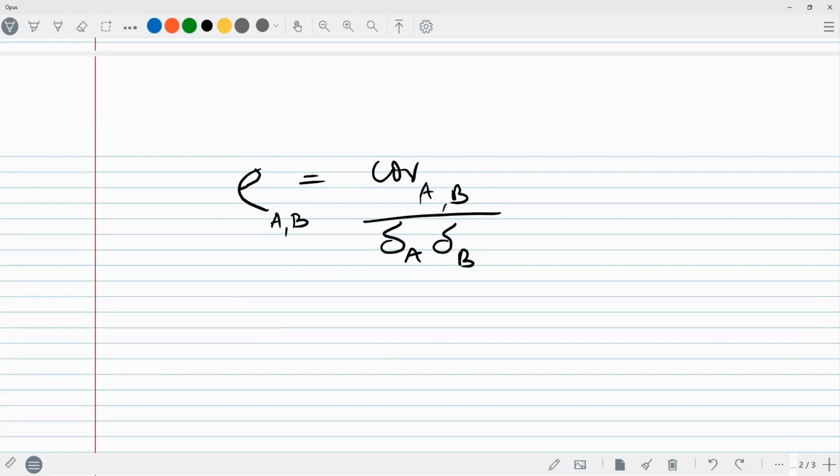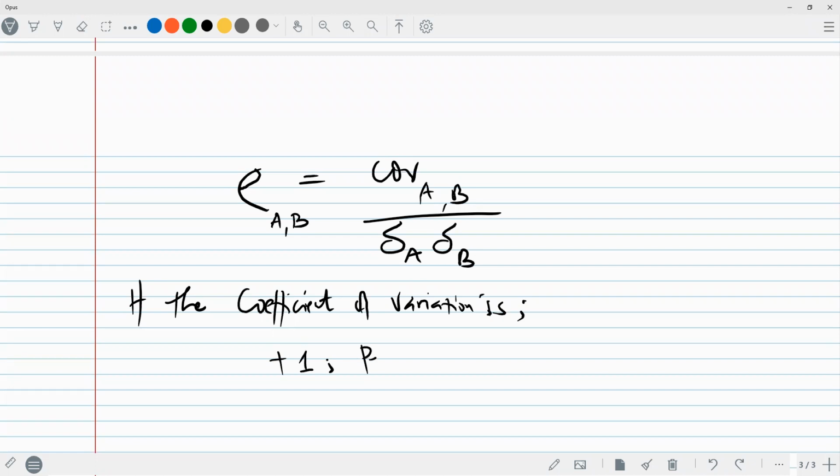Now, if we get a positive 1, this is what is referred to as perfect positive correlation. What does it mean?